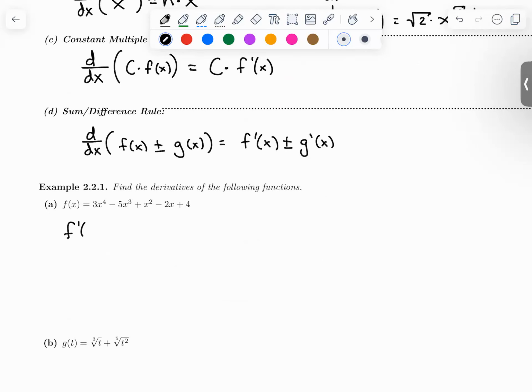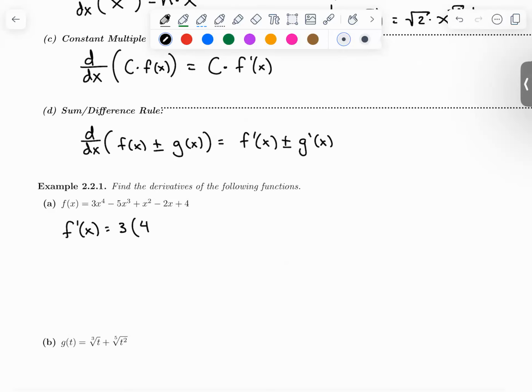So f prime of x. The sum and difference rule tells me that I can just take the derivative of each one separately. And then the constant multiple rule tells me that I can just ignore the 3. So f prime of x will be 3 times, by the power rule, 4x to the 4 minus 1. Minus that 5 can be ignored for now and take the derivative of x cubed.